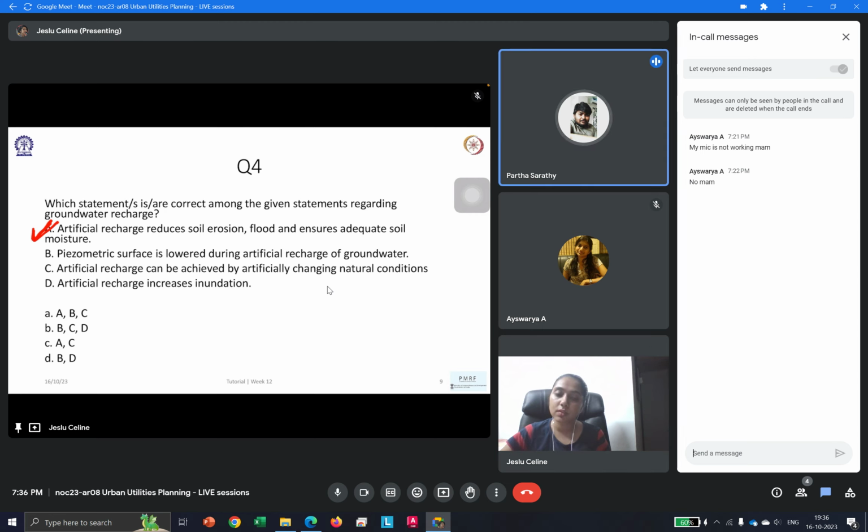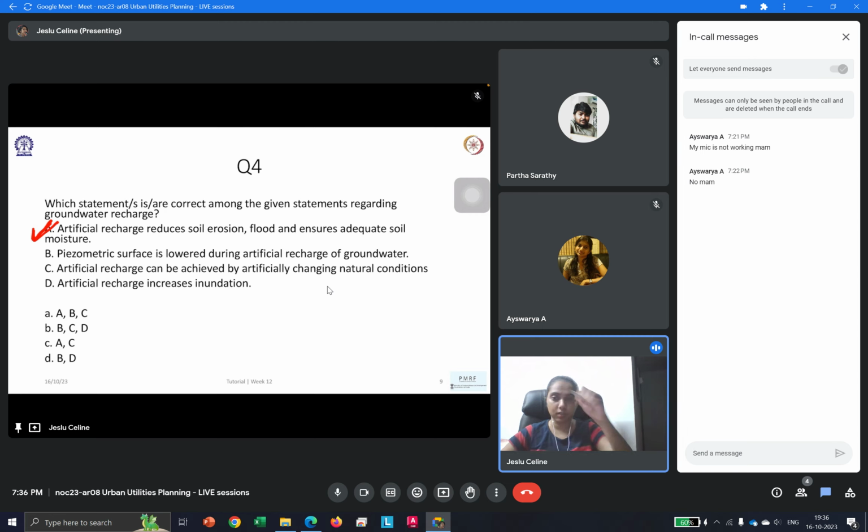What is piezometric surface, by the way? It's an imaginary line showing the water level for different regions, like a potentiometric surface. It's essentially based on the water pressure, with a line joining the levels. So it's an imaginary line.